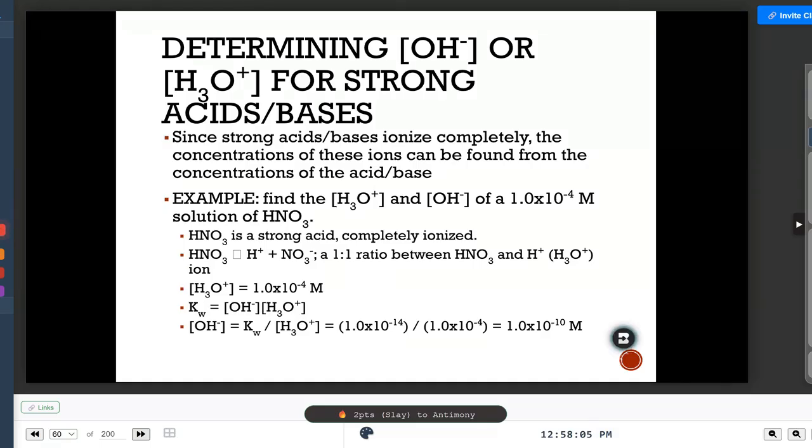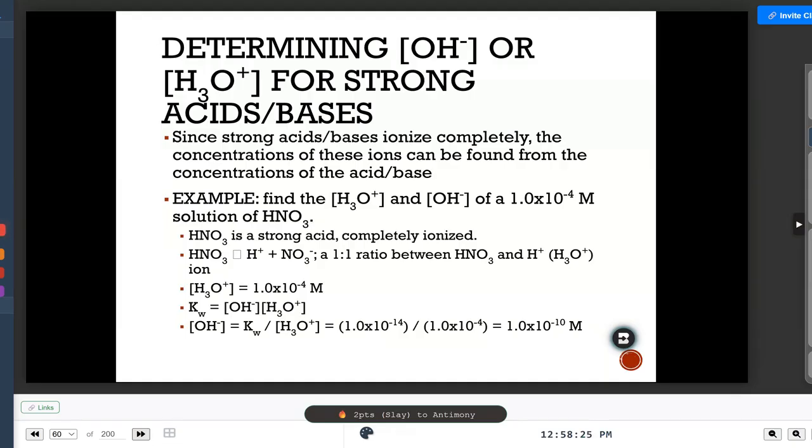So one of the things that we want to understand is the difference between strong acids and bases versus weak acids and bases, right? Now, we learned that before. We learned that the strong acids and bases completely ionize or dissociate, right? They're going to completely come apart. The weak ones don't.